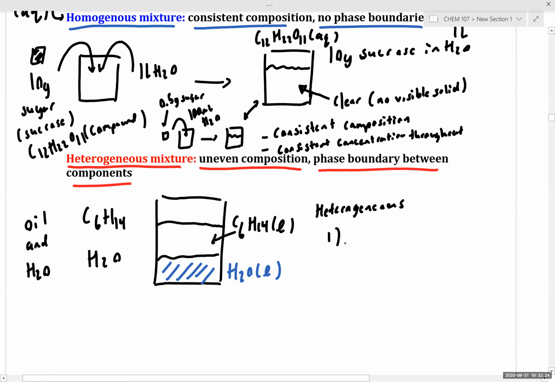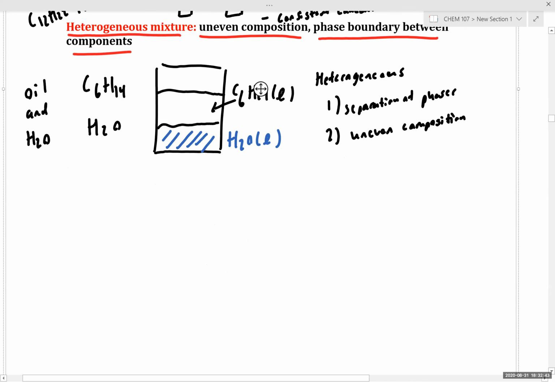So as we can see very clearly, this is heterogeneous. Why? One, there is a separation of phases. And two, this heterogeneous mixture has an uneven composition. Another case where we see heterogeneous mixtures is if we have an insoluble solid.